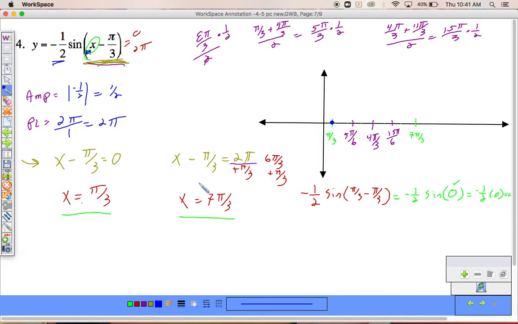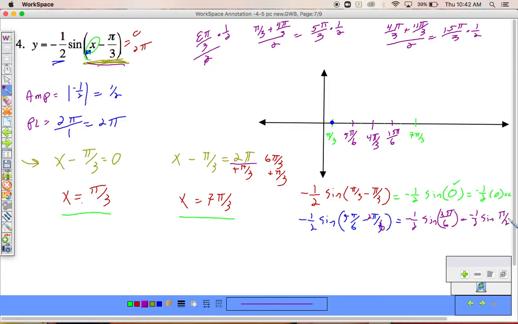Do it again. Negative 1/2 sine of 5 pi over 6 minus pi over 3. Doing this math, which we're going to see we're not going to have to do in a little bit, I'm going to make this 2 pi over 6, which is negative 1/2 the sine of 3 pi over 6, which is negative 1/2 the sine.